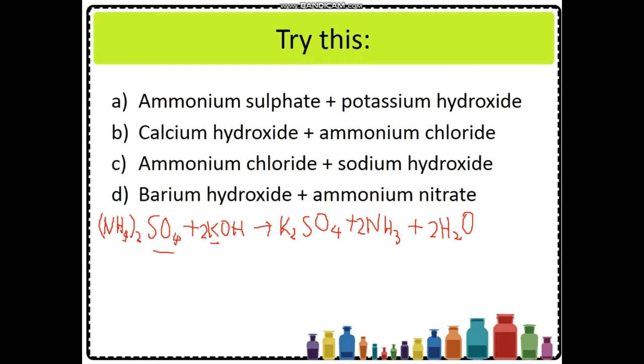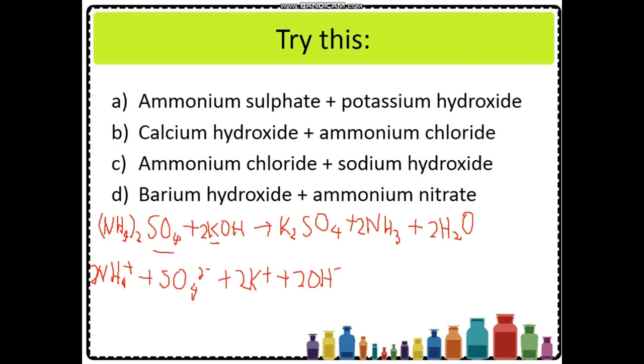Now we can do the ionic equation. This will break down to 2NH4 plus, 2 here so we put 2 in front, plus SO4 2 negative, plus 2K plus, 2OH negative.